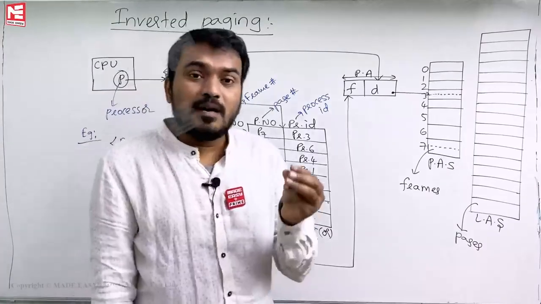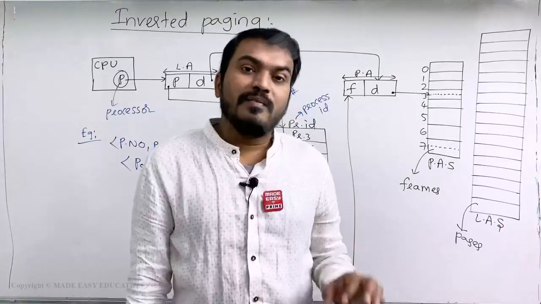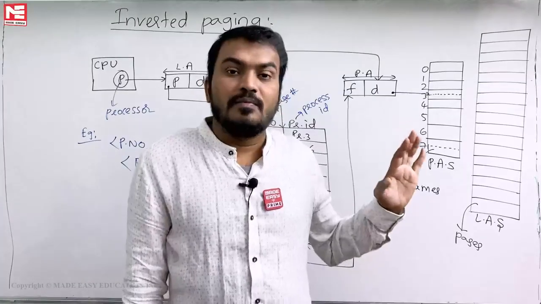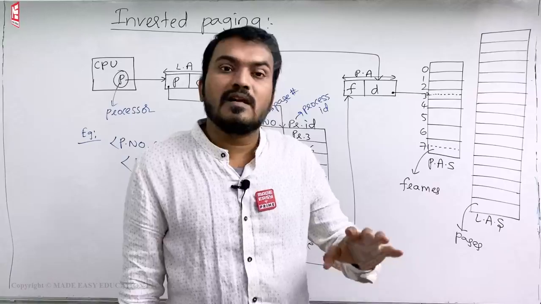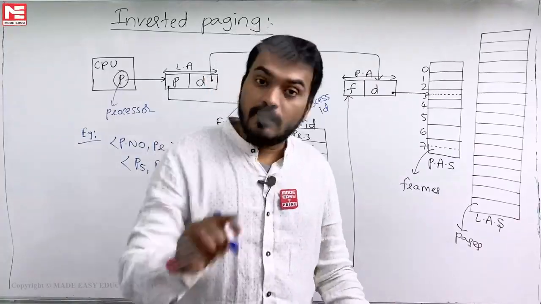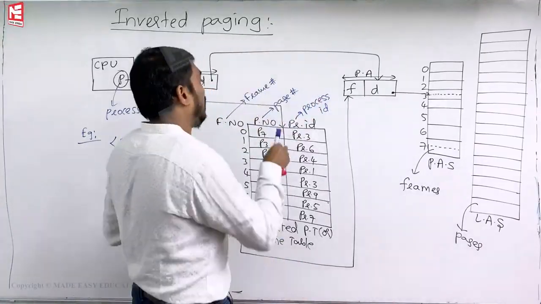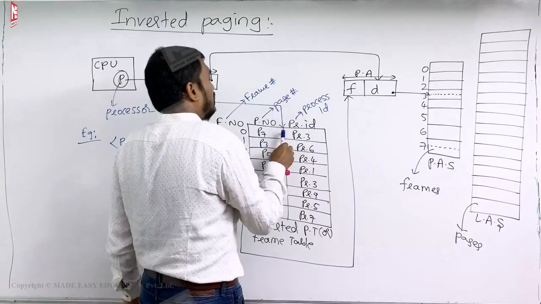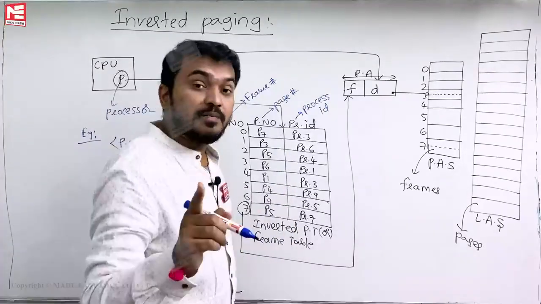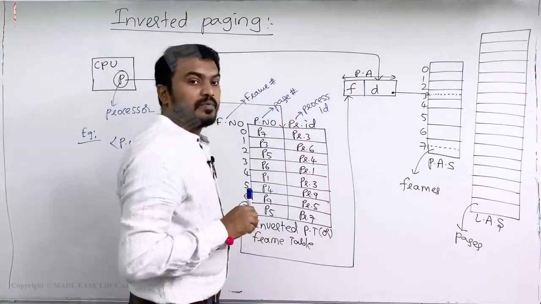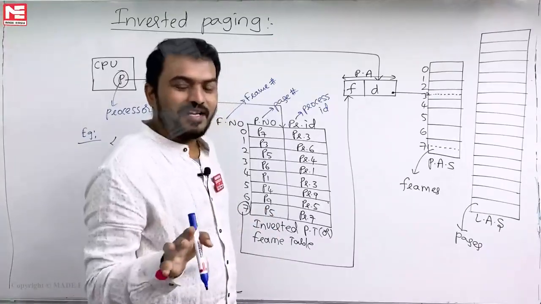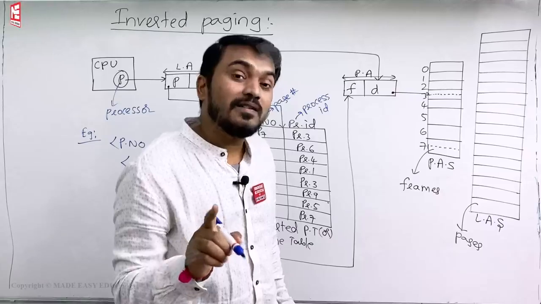So that is the reason the memory required to maintain the page tables of the processes will be less, but the searching time for the corresponding page of a process will be more.